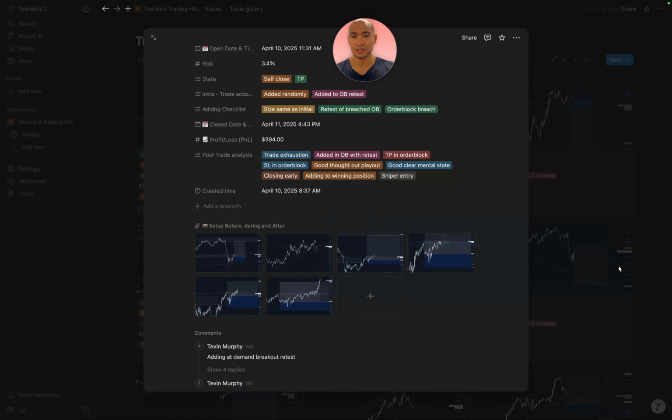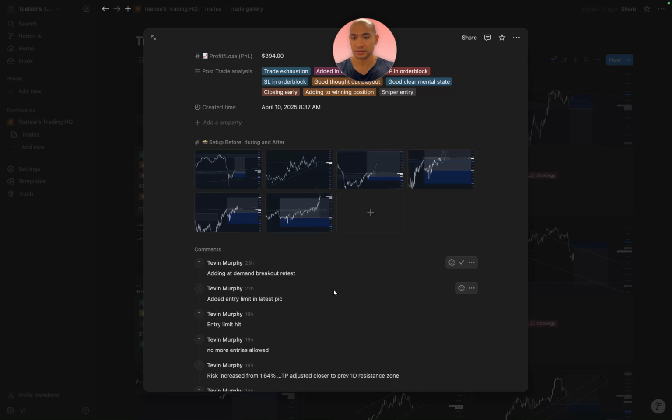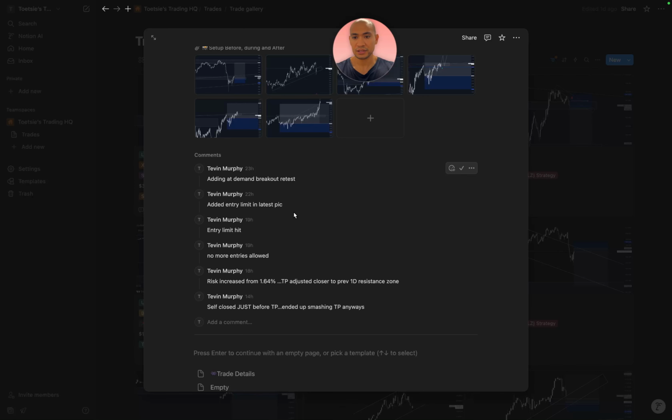Cool, right? Hit the buy limit, and after that, as you can see, I said adding at demand breakout retest, and then okay, there's the copper one. Oh, there we go. Hello, there. Cool. Added entry limit at the latest pick, which was probably there. And then I tell myself no more entries allowed after the entry limit hit.